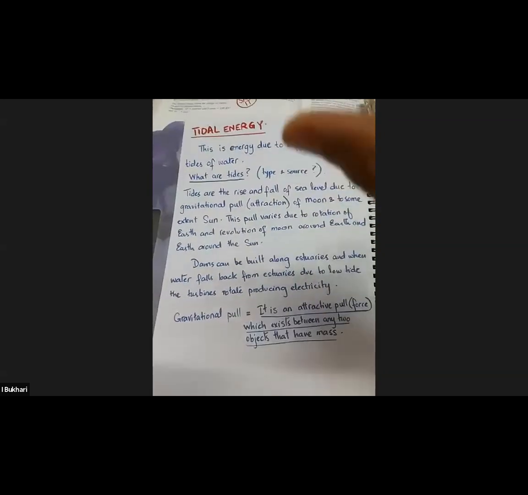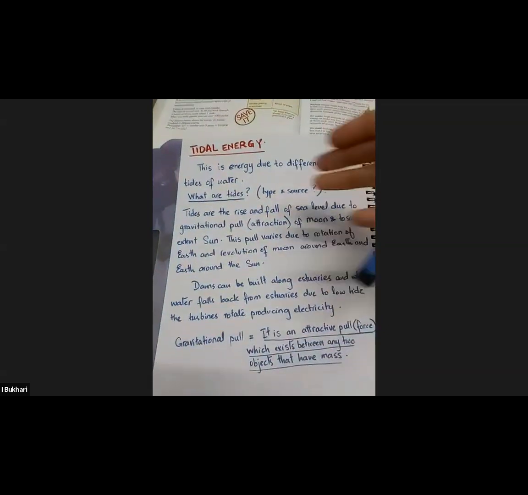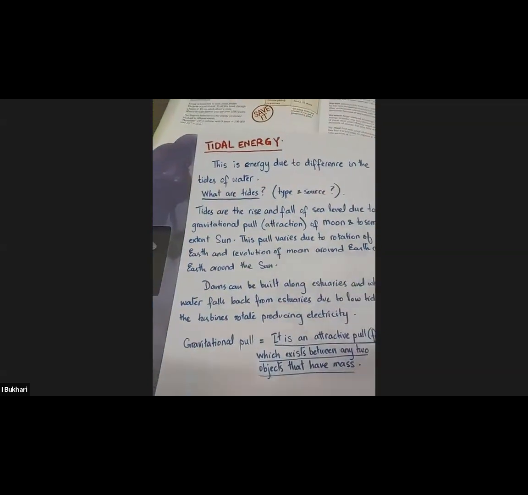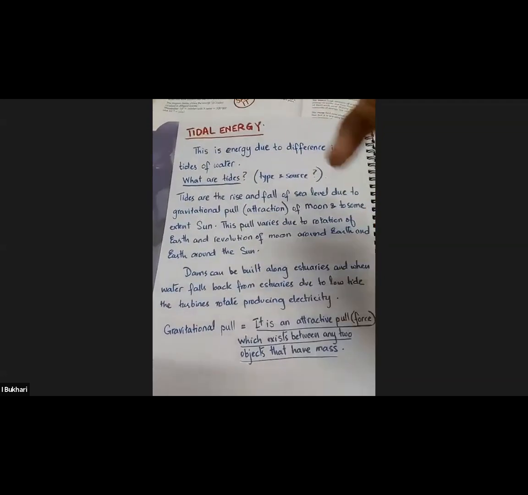Due to the rotation of the earth and the revolution of the moon, the position of the earth relative to the moon keeps changing, and so we keep having high tides and low tides.